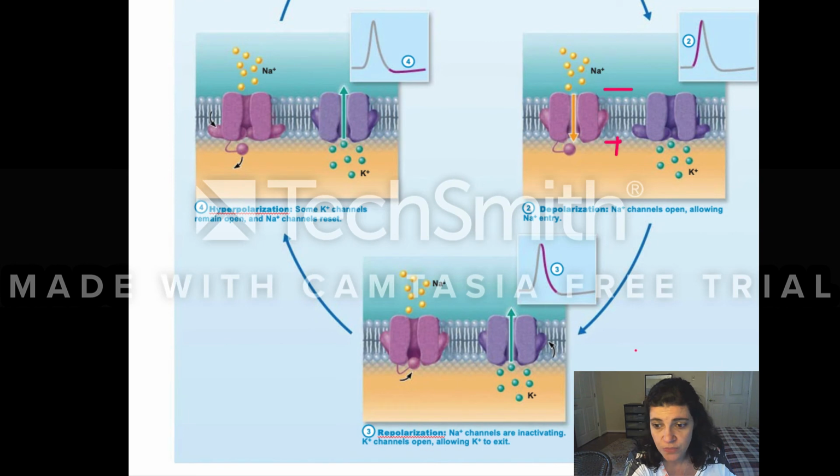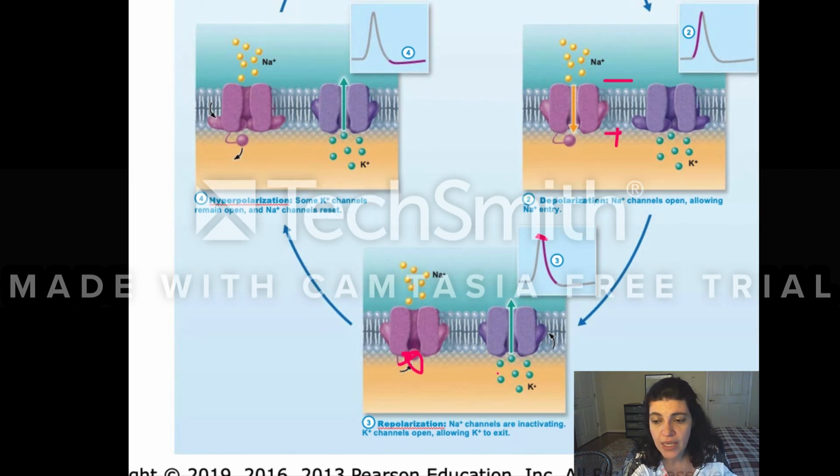When that happens, you get to a point that there is no more stimulus for this channel to be open because the voltage is slowly going back to normal when it reaches the peak of the graph. These gates close, okay? And then the only thing that keeps open is the potassium gate. So a lot of potassium leaks out, making the membrane again positive in the outside and negative in the inside. This is the repolarization part, which is this part here.